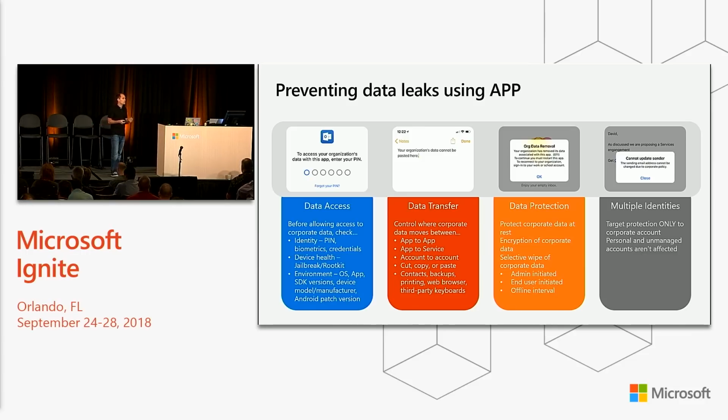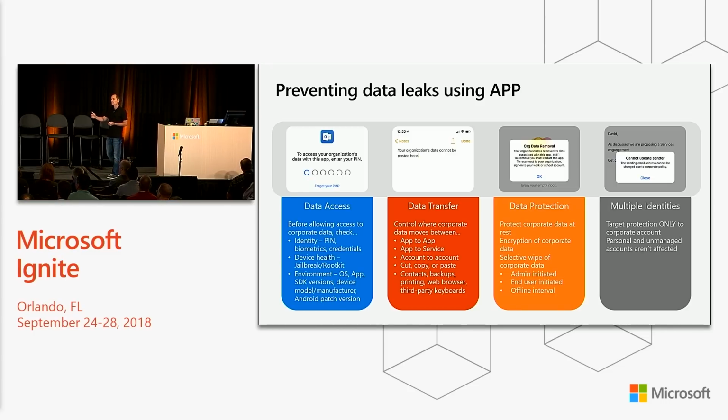And that leads us into our data transfer capabilities. Once you gain access to the data, how do we ensure that the data is not leaked, especially to unprotected or personal type of accounts? And we do that through many different mechanisms. We can protect within the app and ensure that data can't be transferred between the work account and the personal account. We can do it as well when you try and transfer data between the apps through like Apple's open file share mechanisms.